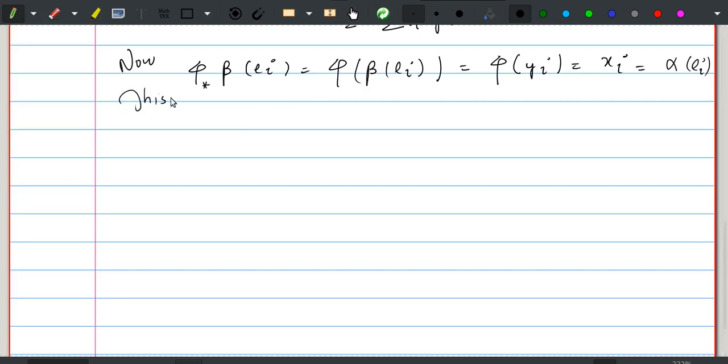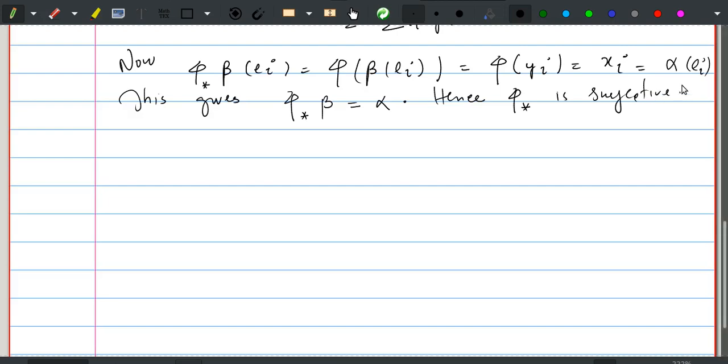This gives phi star of beta is actually alpha. So we have found a pre-image of alpha under this map phi star, which is beta. So this proves that phi star is surjective.